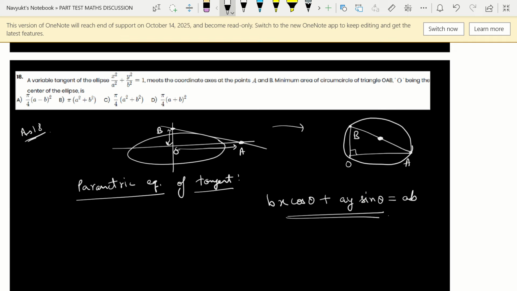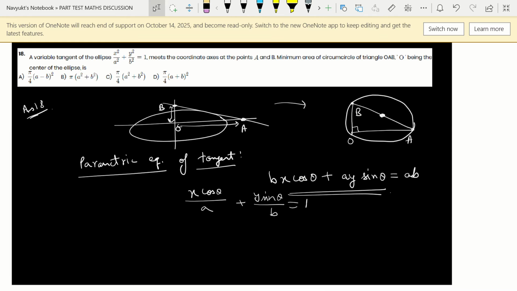Now, what we would be doing, we'll get this ab down. This is simple. x cos theta upon a plus y sin theta upon b equals to 1. If you observe from here, the intercepts made by this line on the x and y axes are the distances, right? These distances, OA and OB, which are nothing but a by cos theta and b by sin theta.